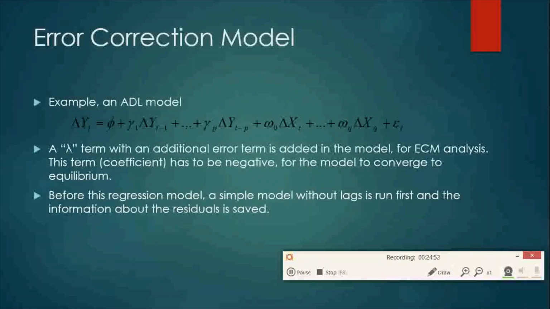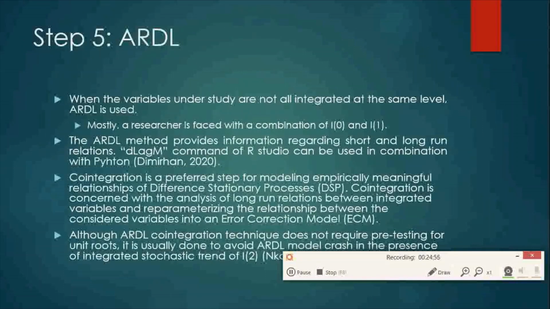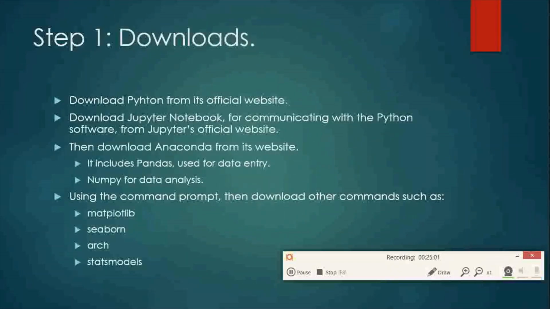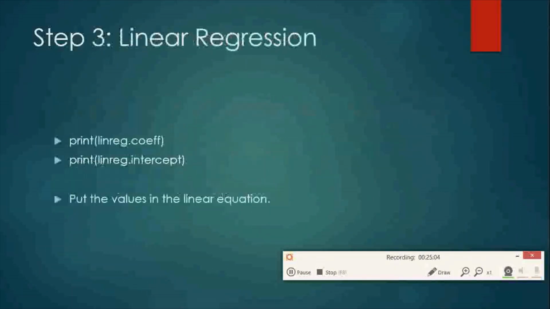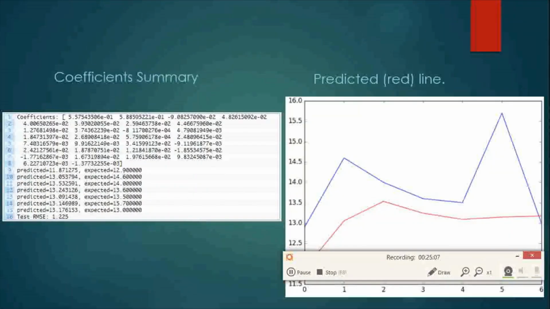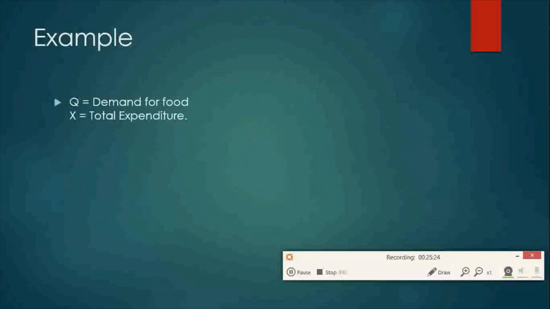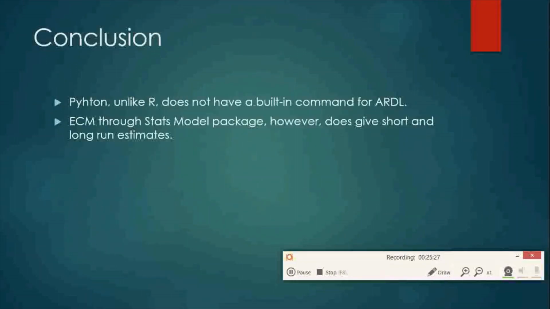In fact, I even quoted an article here, and that particular person also suggests that R is more widely accepted for running or testing an autoregressive distributed lag model, and because Python has fewer options available, even for lag length selection criteria, OLS mostly is used.